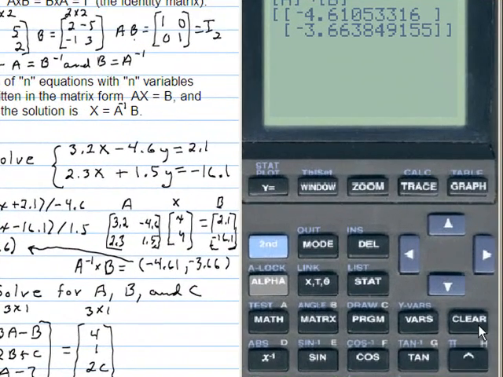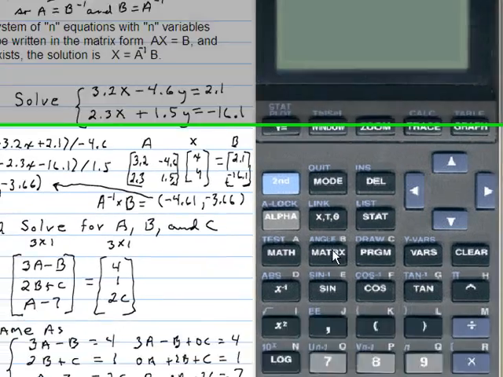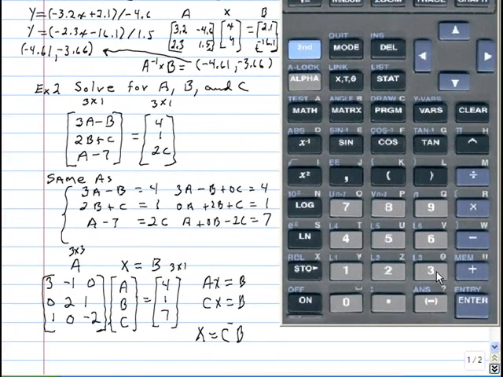Let me clear this off. I want to write X is equal to C inverse B. So I go matrix 3, that's C. To get C inverse, I use my inverse key. For matrix B, I want matrix 2. C inverse B, enter. And there are my answers.